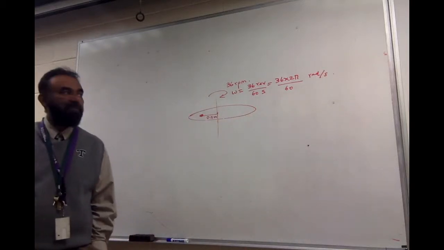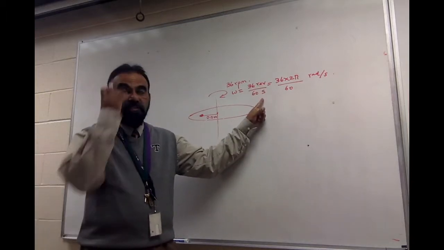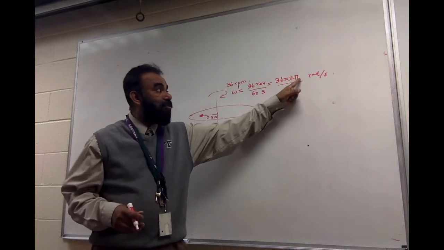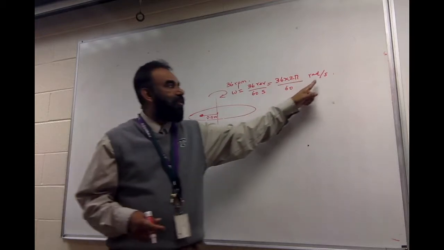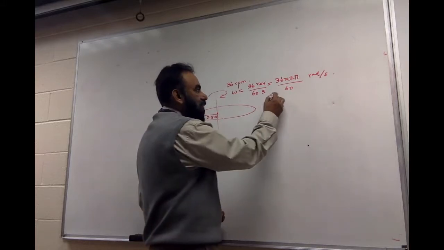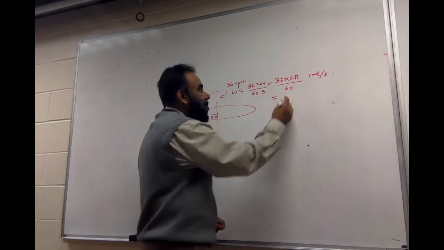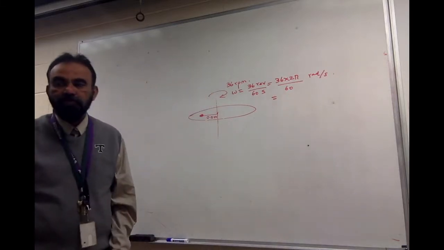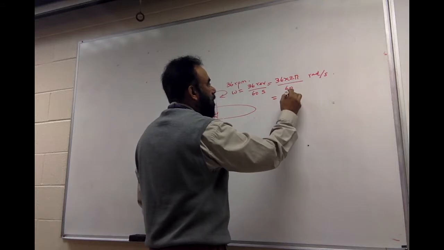So you get omega from there. 36 RPM, 36 revolutions per 60 seconds, 36 times 2 pi, for every revolution is 2 pi radians, divided by 60. And so you have, whatever is the answer here. What is it? Yes, 1.2.